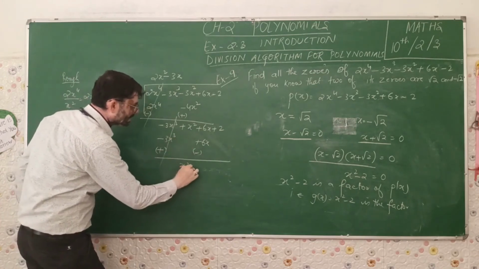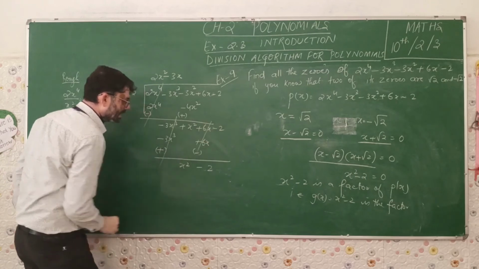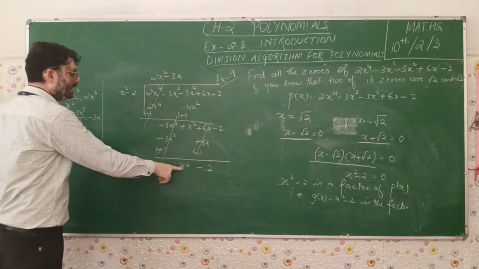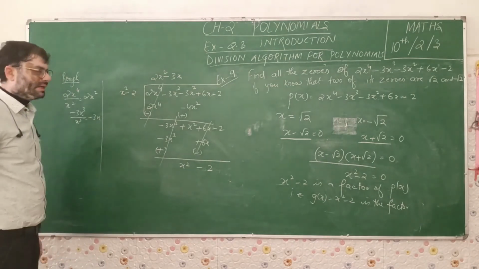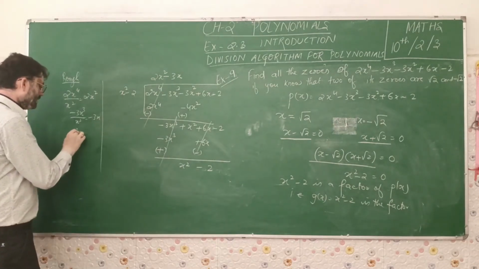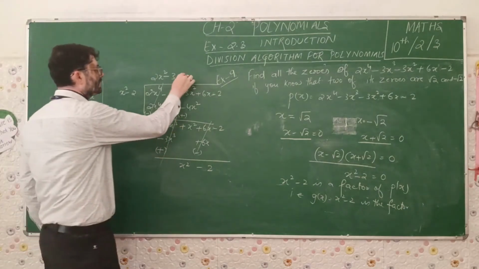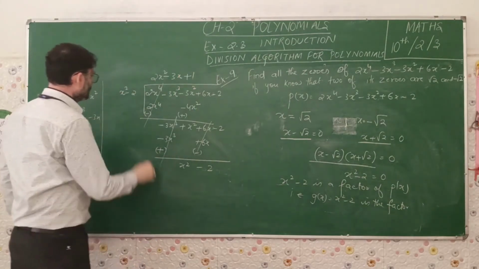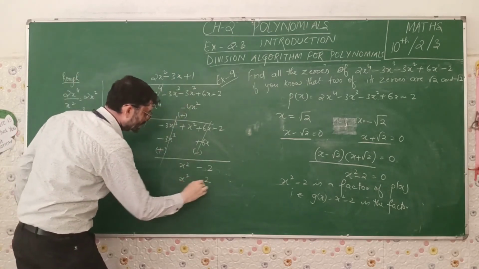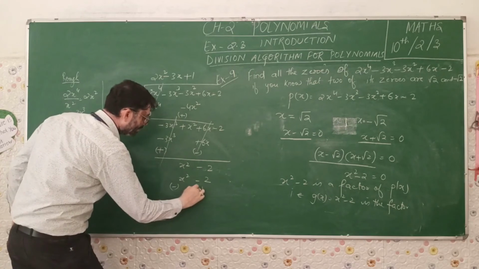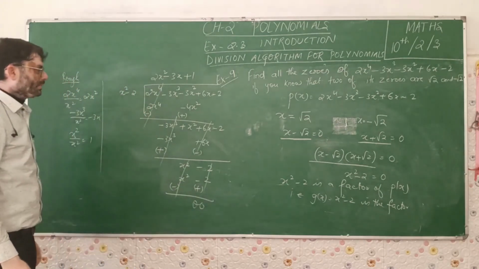Minus 0 of x squared. This is minus 2. This also cancels. Then dividing again, the degree of x is equal to the degree of the divisor, so the division will continue. And the next term is 1 for the quotient, taking it as plus 1. So plus 1 into x squared is x squared, and plus 1 into minus 2 is minus 2. This is minus, plus, and this cancels, and then the division becomes 0.